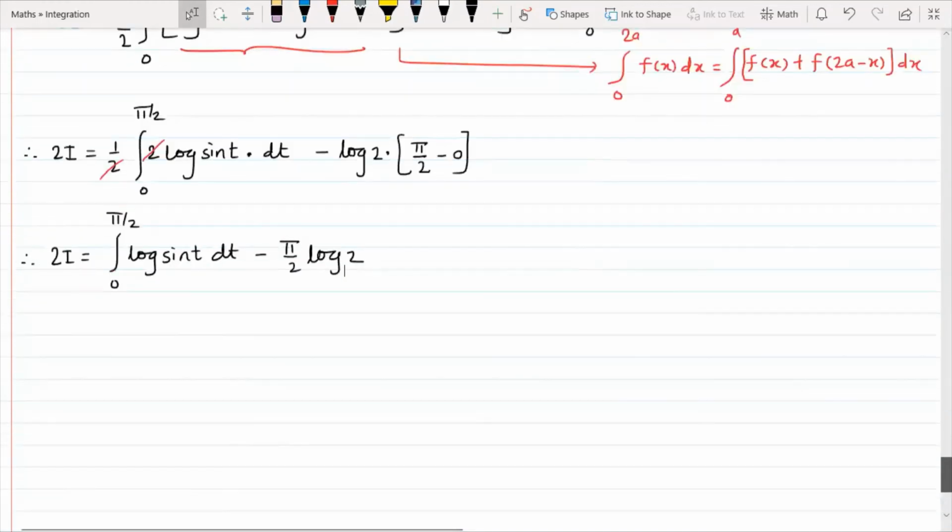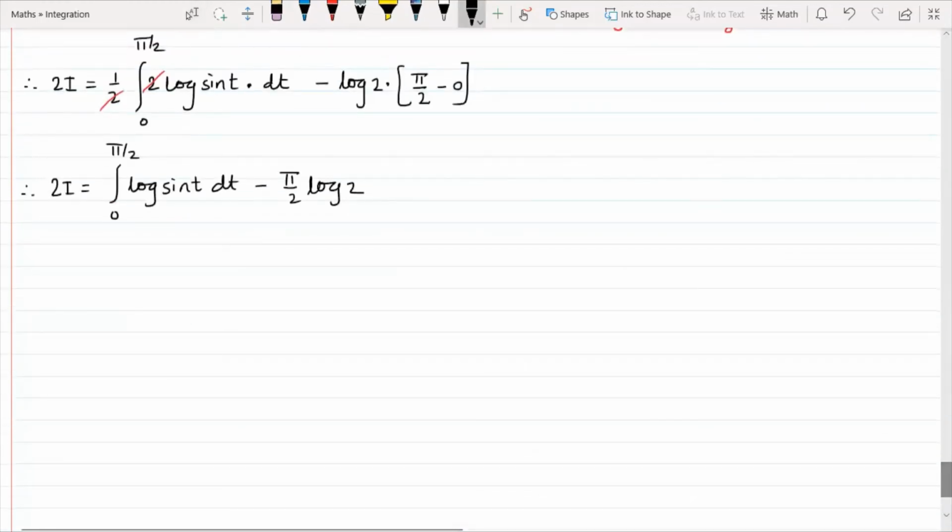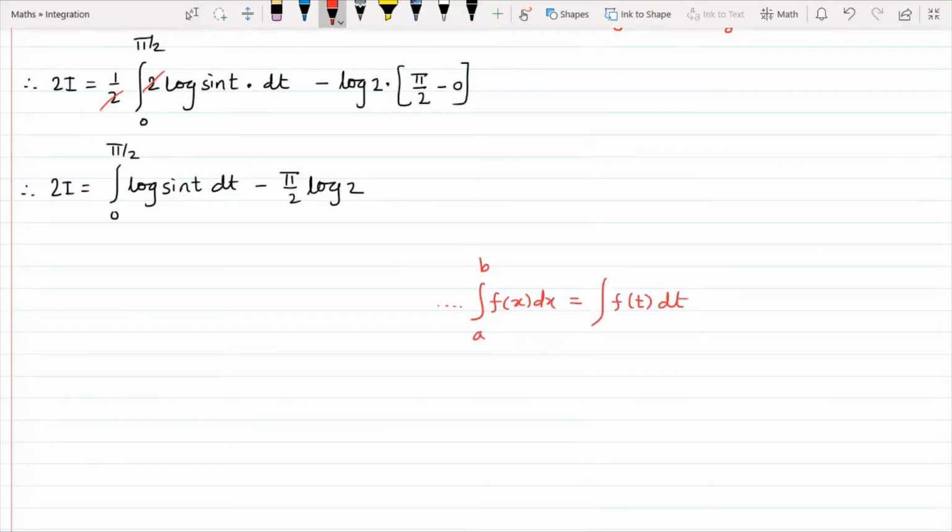By the way, again I am applying one property here, and the property is integration of f of x dx for the limits a to b is same as integration of f of t dt for the limits a to b.